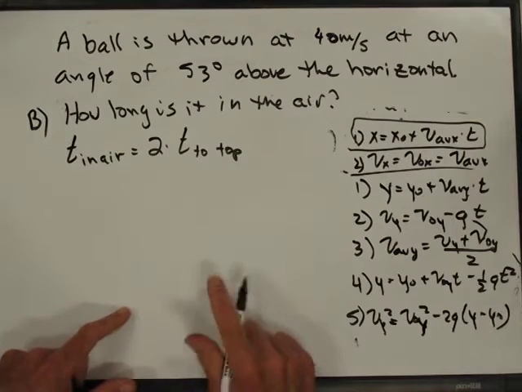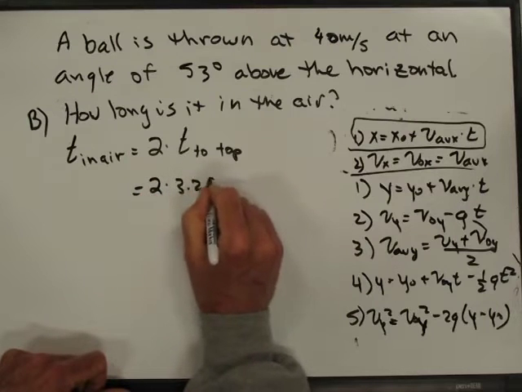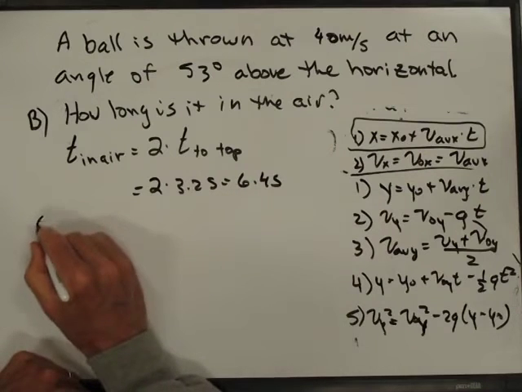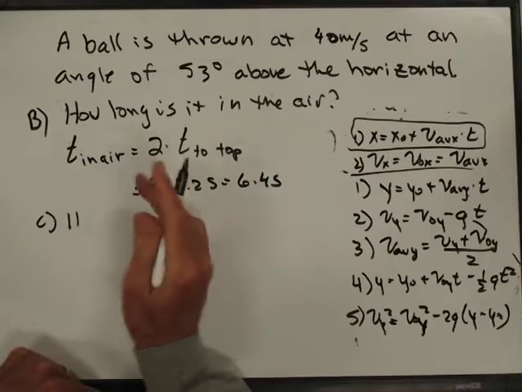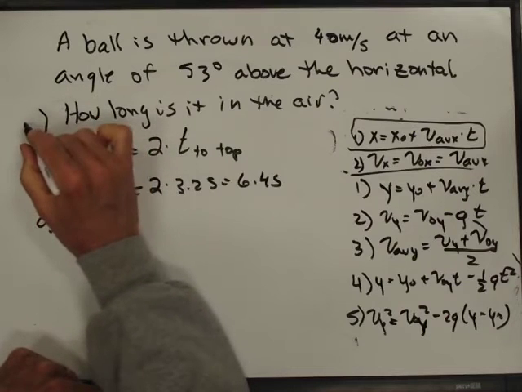It just reverses itself. We talked about that already. And so that's 2 times 3.2 seconds, which is 6.4 seconds. This isn't B, this is maybe C. This must be D or E.